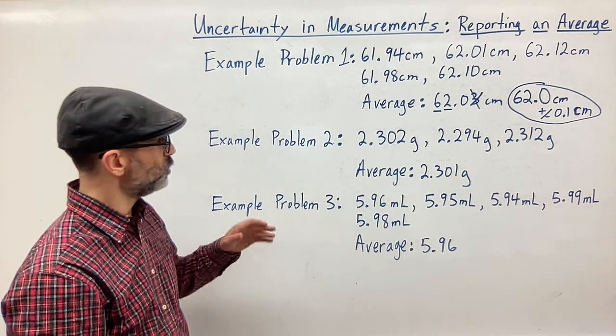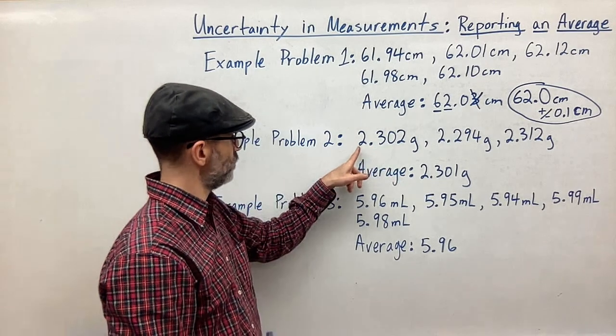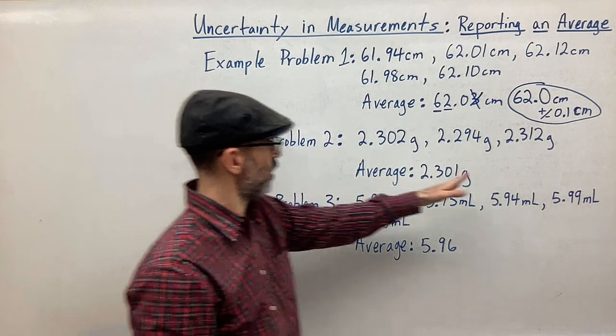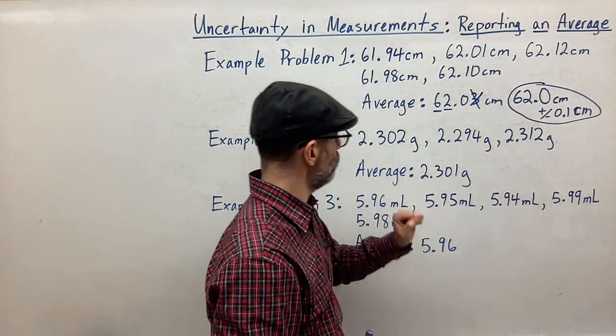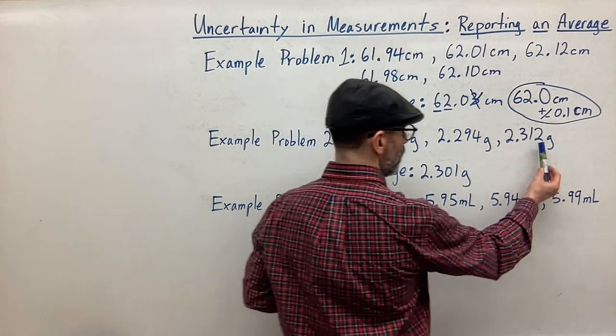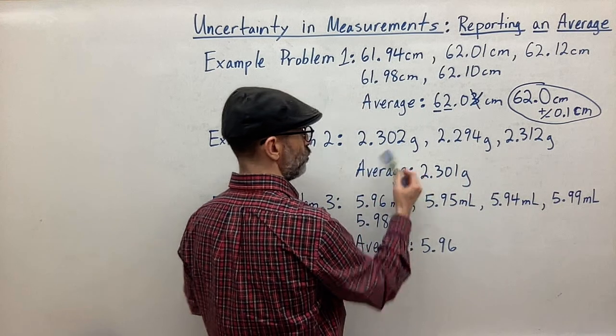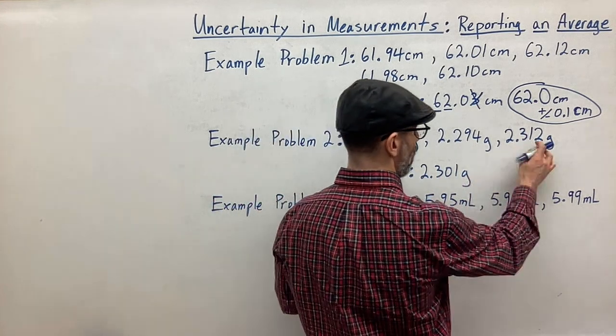goes with this? So again, you're going to look at your values here. So you're going to start here, or you could start at this end here, right? So let's start at the end here, the last digit here. So here I have a 2, a 4, and a 2. So there's uncertainty there.